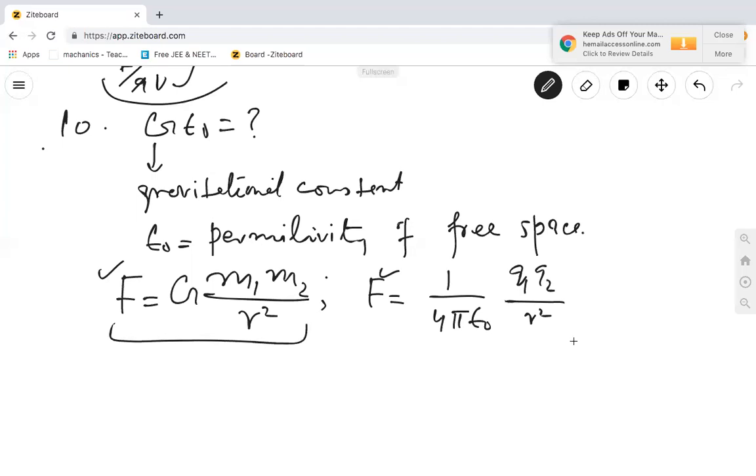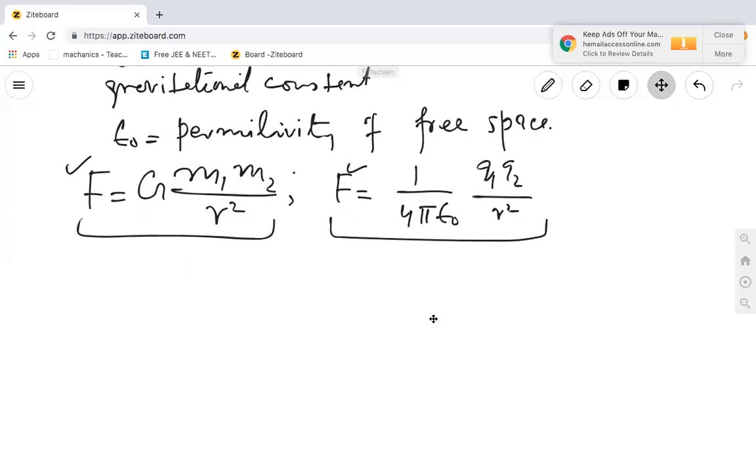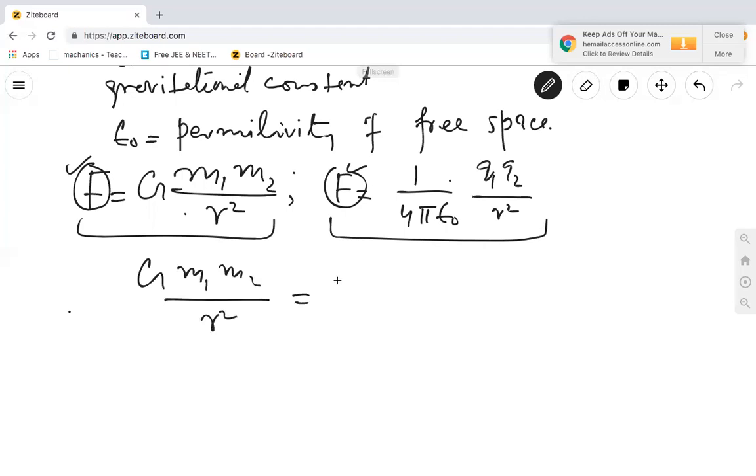This is the equation that 12th class students know. And dimensionally, this is equal to this, because it is force on the left side. So G m1 m2 by r square is dimensionally equal to 1 by 4 pi epsilon naught q1 q2 by r square. Is that right?